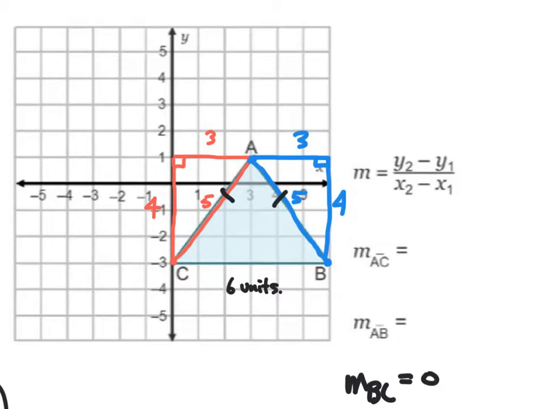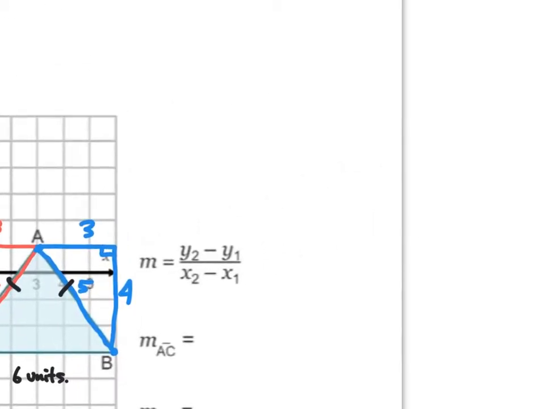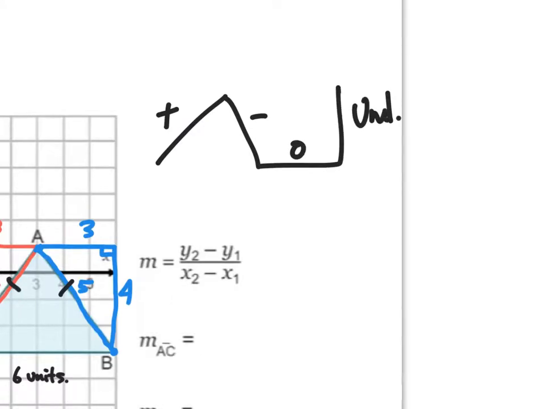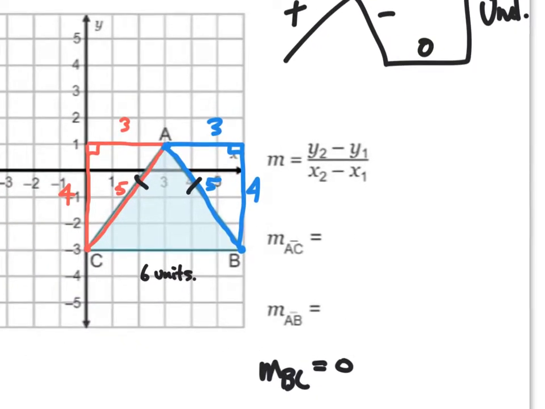And that's just a horizontal line. Remember how we calculate slopes, guys? I've got a positive slope, I've got a negative slope, I have a 0 slope, and I have an undefined slope. And we think of slopes as rise over run. So what I want to do here is calculate these slopes and see what we get.